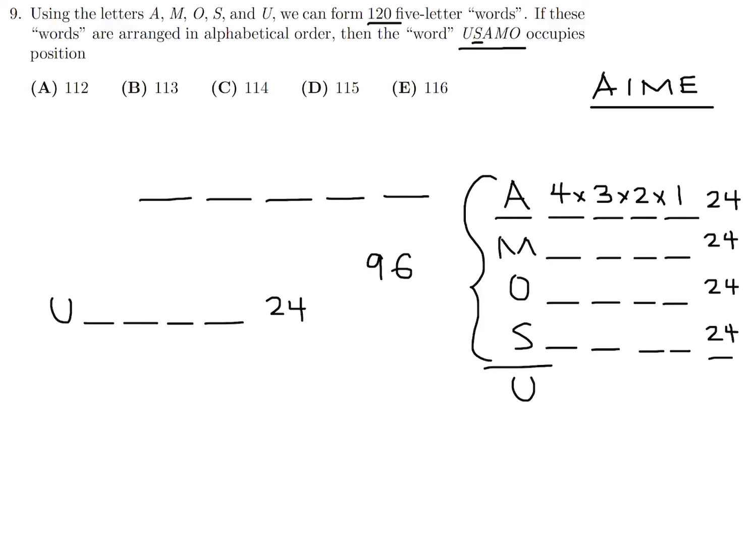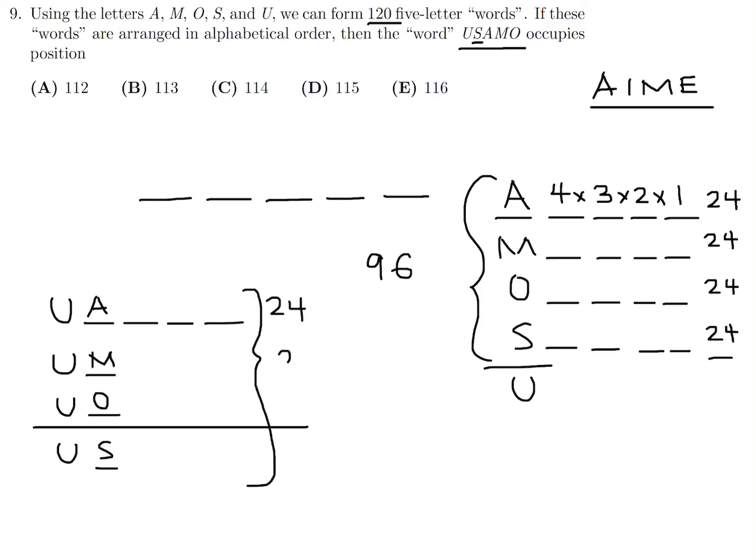So that means we first, remember they're in alphabetical order, so we have to first put in A, then we have to put in M, then we have to look at O, and then and only then do we get to S. All right? So remember, this is all 24. But we have to figure out how many begin with U and A.